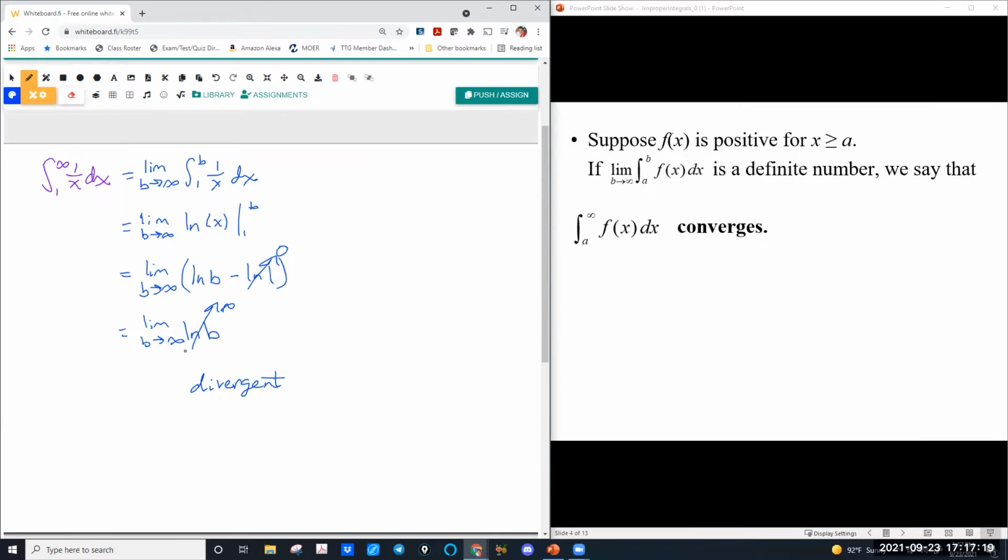And divergent is really important in mathematics because that means it blows up. It means it's not well behaved. The way I like to refer to convergence, think of convergence as well behaved. The function goes to a number. It behaves very nicely. When something's divergent, it doesn't go to a number, it goes to infinity. And what happens when you try to do math with something that blows up is it blows up your whole problem.